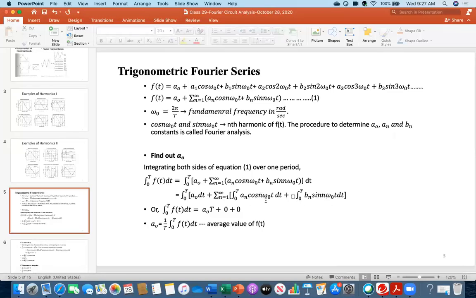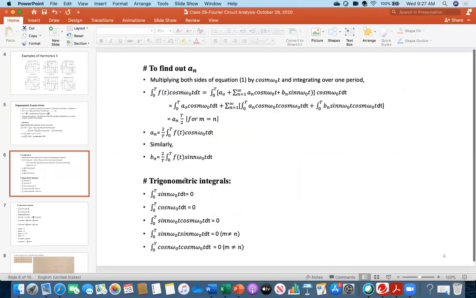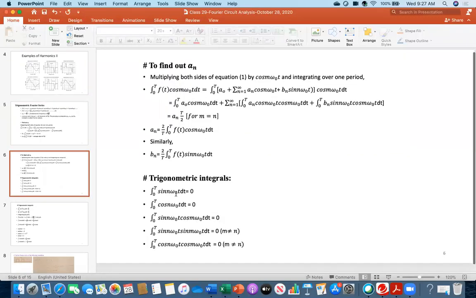Integration of cosine n omega naught t and integration of sine n omega naught t will give you 0. Therefore, in the next two slides I have written down all the trigonometric integrals, where the integral of sine n omega naught t dt is 0, this 0, this 0. When you are analyzing the Fourier series, you can directly apply these integrals or identities without doing that one.